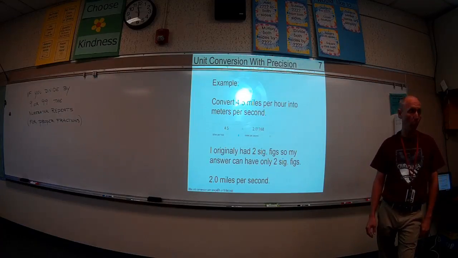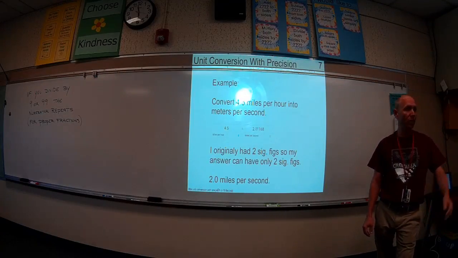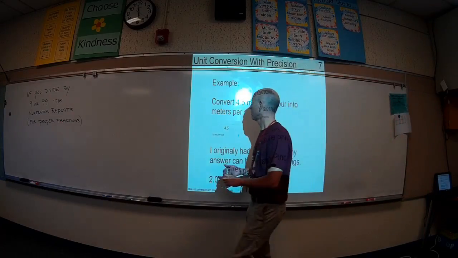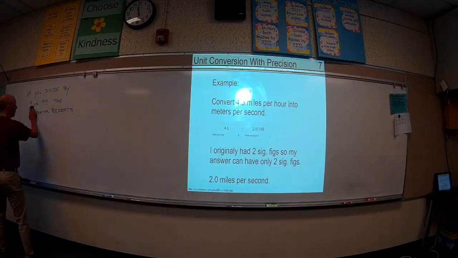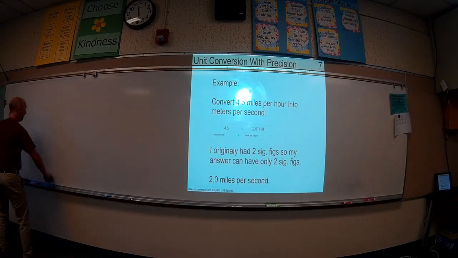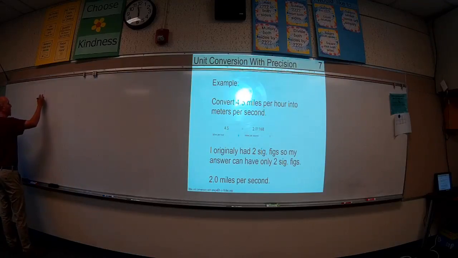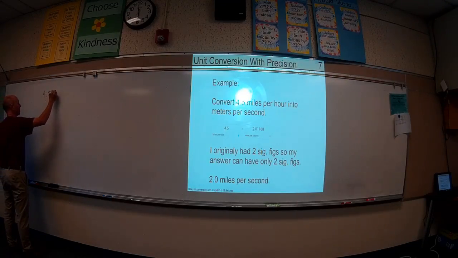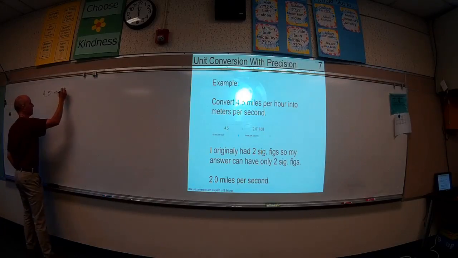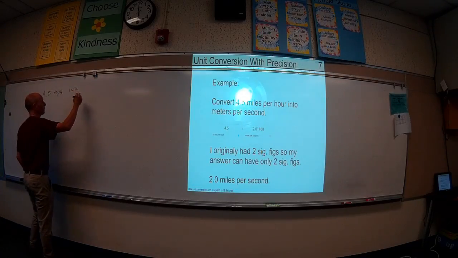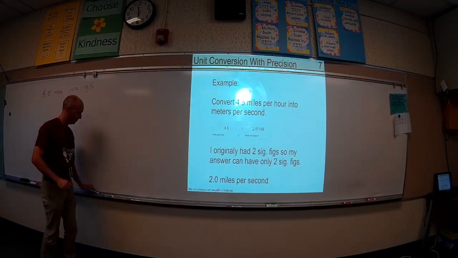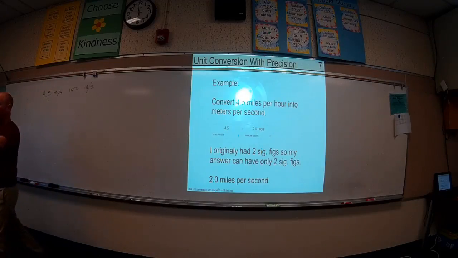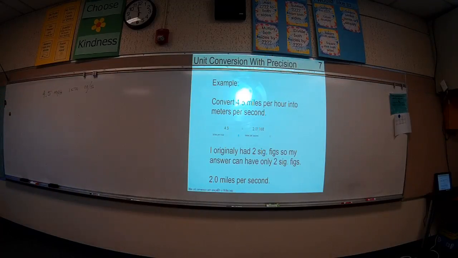Say, hey, convert 4.5 miles per hour into meters per second, and Google's going to give you some kind of answer. So make that happen. Don't just look at my screen. You do it on your own. Raise your hand if you were able to make something happen with the computer.